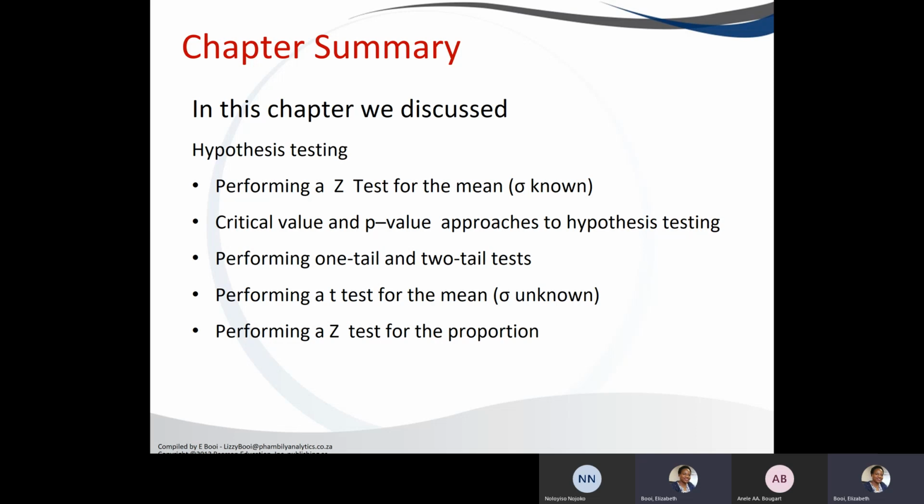Expected frequencies are the row total multiplied by column total divided by the grand total, which is your sample size. To find the critical value, you use the degrees of freedom, which is your number of rows minus 1 times the number of columns minus 1. And that's all what we did today.